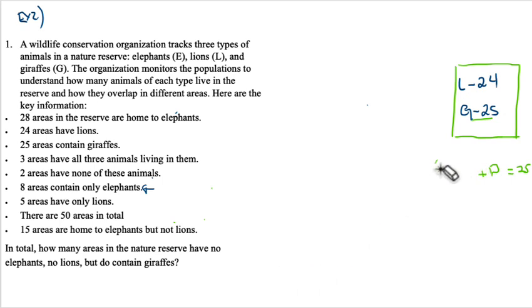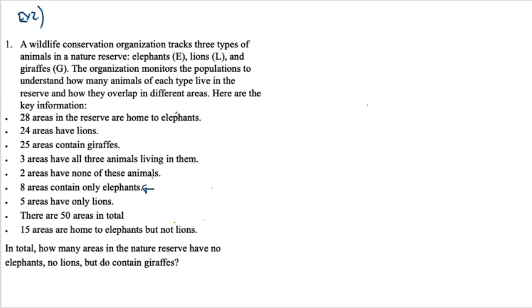It's very similar to what you will see in the midterm. A wildlife conservation organization tracks 3 types of animals in a nature reserve: elephants, lions, and giraffes. The organization monitors the population to understand how many animals of each type live in the reserve and how they overlap in different areas, and gives us some information.